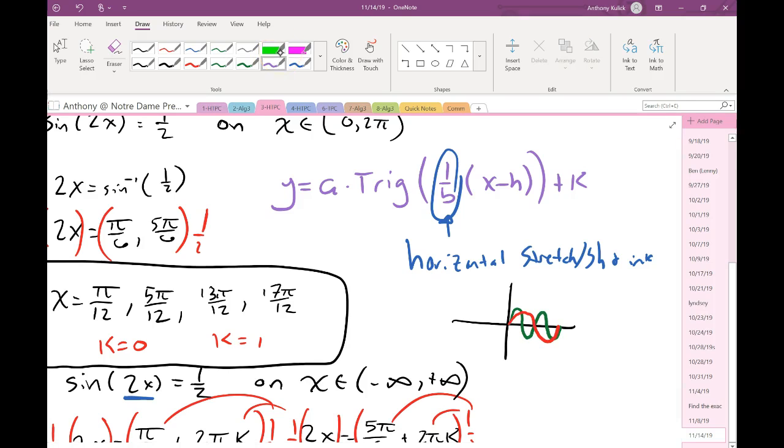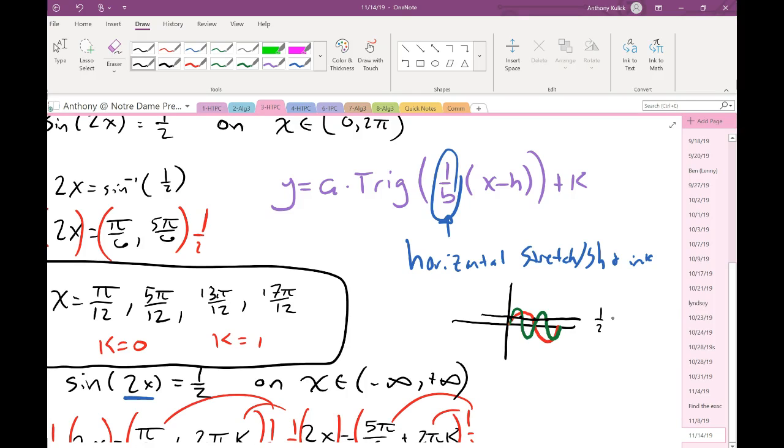So, for example, if we're at 1/2, how many times are we going to get to 1/2 now with the green graph? 4 times, right? 1, 2, 3, 4. How many times did we have it for the red graph before we did that transformation? 2.